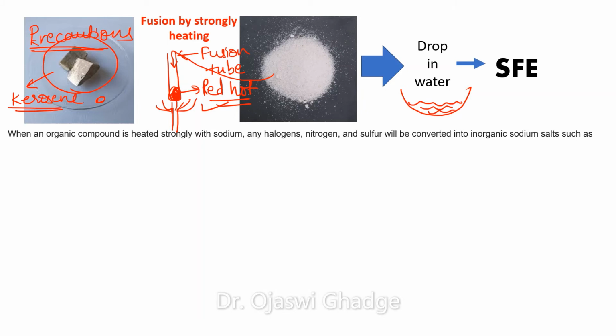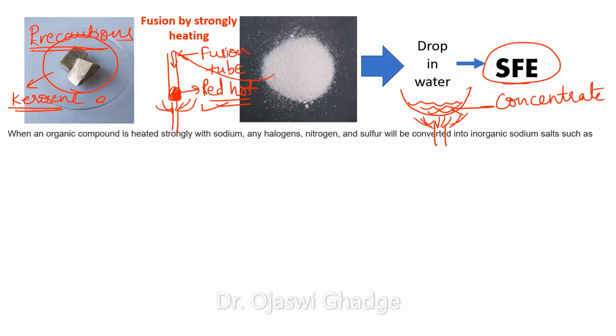Water will be at room temperature, of course, and I can further break the fusion tube using a glass rod. Now this water will be boiled again on the burner so that a concentrated solution is obtained, and this concentrate is then called sodium fusion extract. Okay, I hope this is clear.